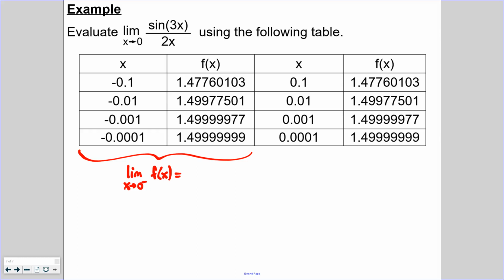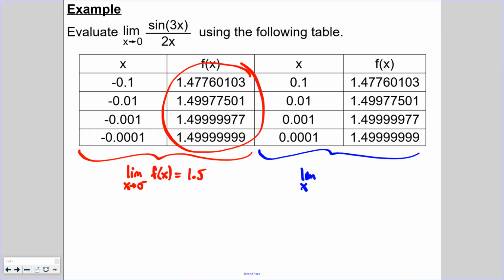So here we can see there's a pattern. We're getting closer and closer to one specific y value, with that y value being 1.5. And then looking at the right-hand side, the limit as x approaches 0 from the right of f of x, we have a similar thing. We're getting closer and closer to the y value 1.5.